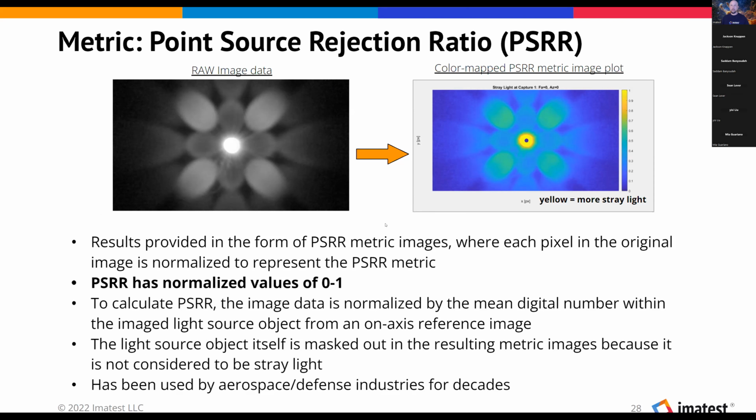I could either take the on-axis reference image with a different known exposure level, or with a different known light source level where I measure the illuminance or irradiance at the device location for both cases. Then for all of my other images, I do saturate the light source and it produces this flare, but I can still normalize by that other normalization factor if I know how much the exposure or the light source level has changed.